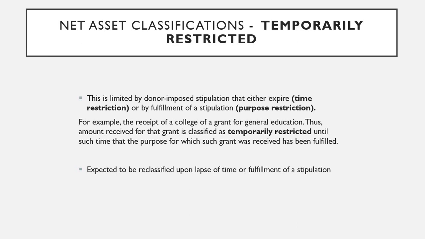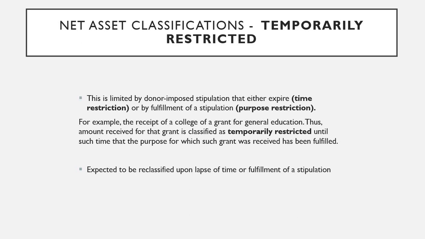Okay? Because it is temporarily restricted, it may be reclassified into unrestricted net asset once the time expires. For example, the donor or resource provider says that after 5 years, you are allowed to use the contribution for whatever purpose you may choose.